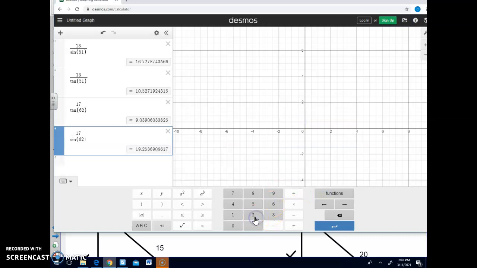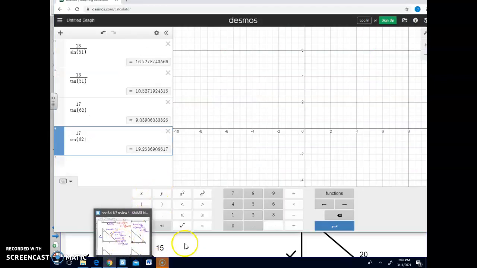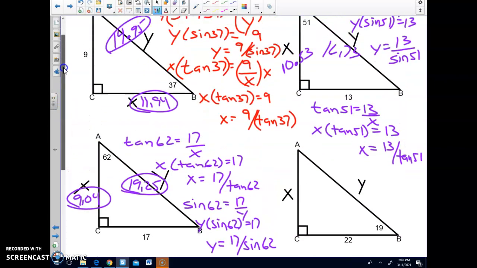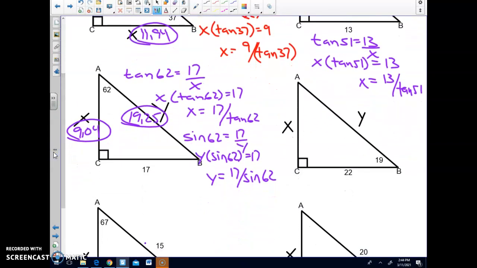Just simply following along the trig functions, we get 9.04 and 19.25. So we end up with 9.04 and I believe it was 19.25 as our two answers here. And I probably should circle the ones up here as well so you know where they're at. 10.53, 16.73.